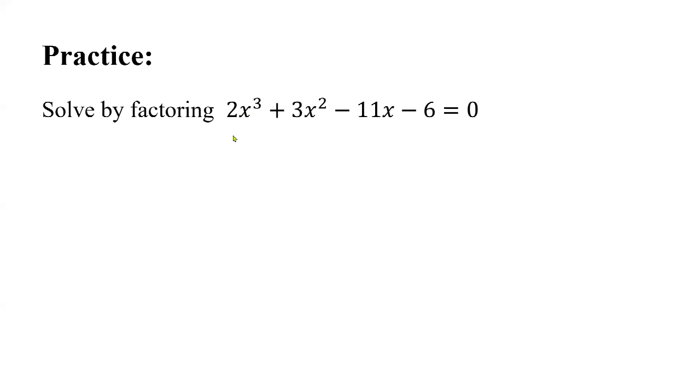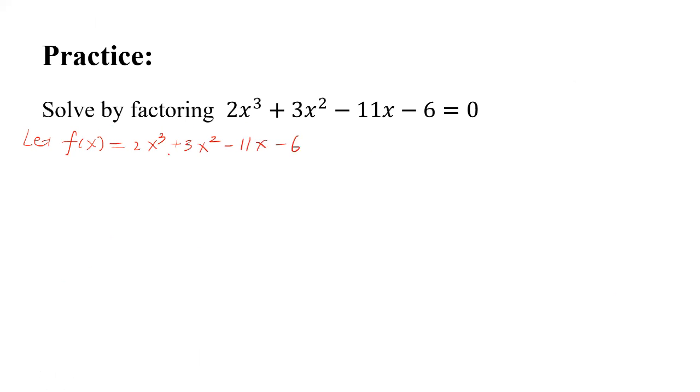Remember, you can always use the factor theorem if you feel difficult to factor any expression. Okay, so let's use a denotation f(x) to stand for the expression on the left-hand side.